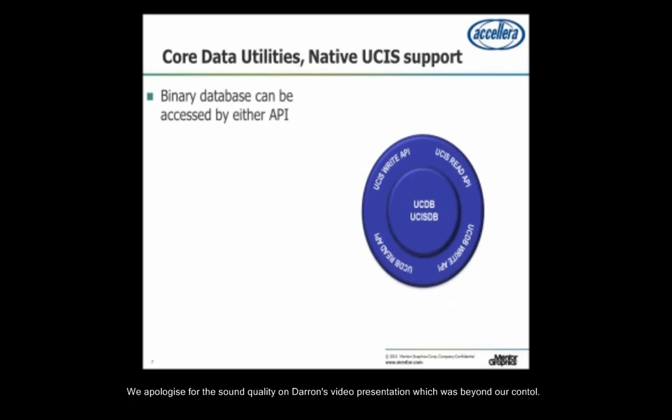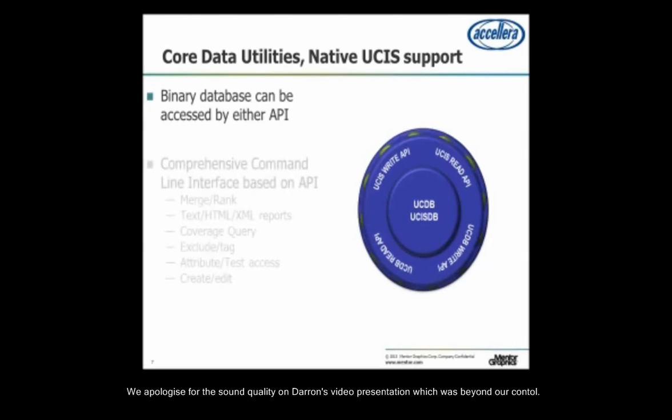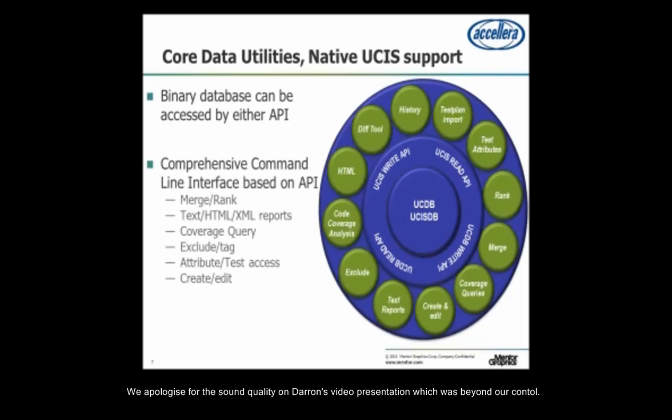The UCDB, which is the binary database inside Questa today, can be accessed with either the old UCDB API or the UCIS API. So it basically is able to be accessed by both. We don't mind. But what we've actually done is, not everybody's going to be wanting to use a C API. We had to develop a whole set of tools around that.